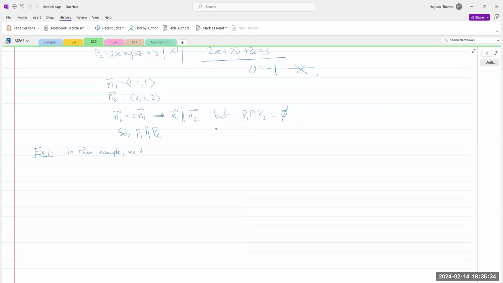We will derive the formula we use for finding the distance between a point, let's call that point P (x1, y1, z1), and a plane with equation ax + by + cz + d = 0.